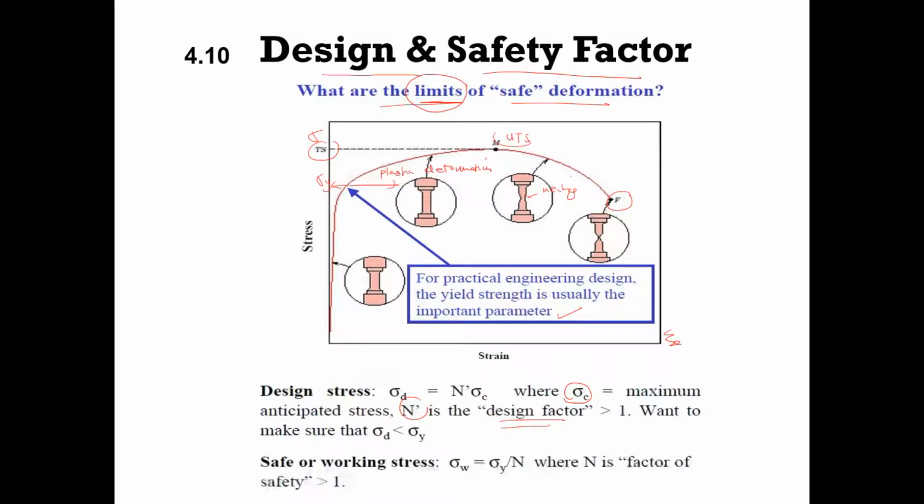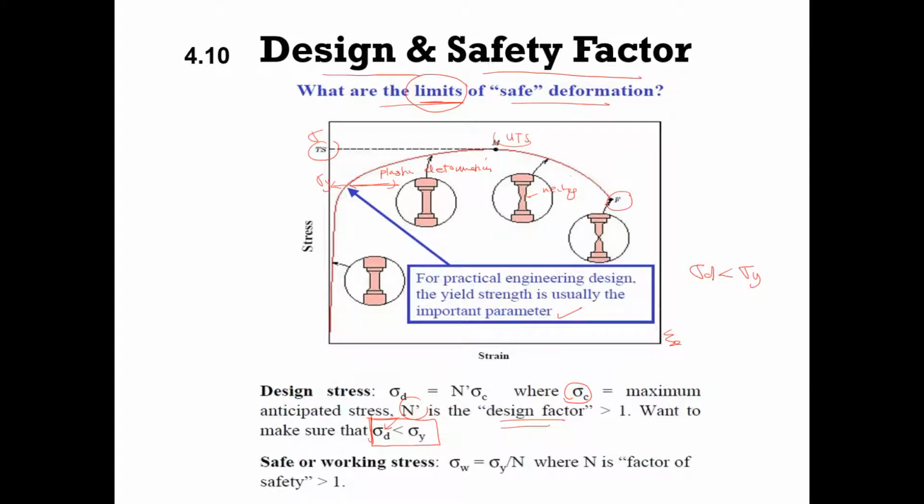This is the keyword, the relation between the design stress, sigma D, and the yield strength, sigma Y. We want to make sure that this design stress, sigma D, is less than sigma Y, so our material will not experience plastic deformation.